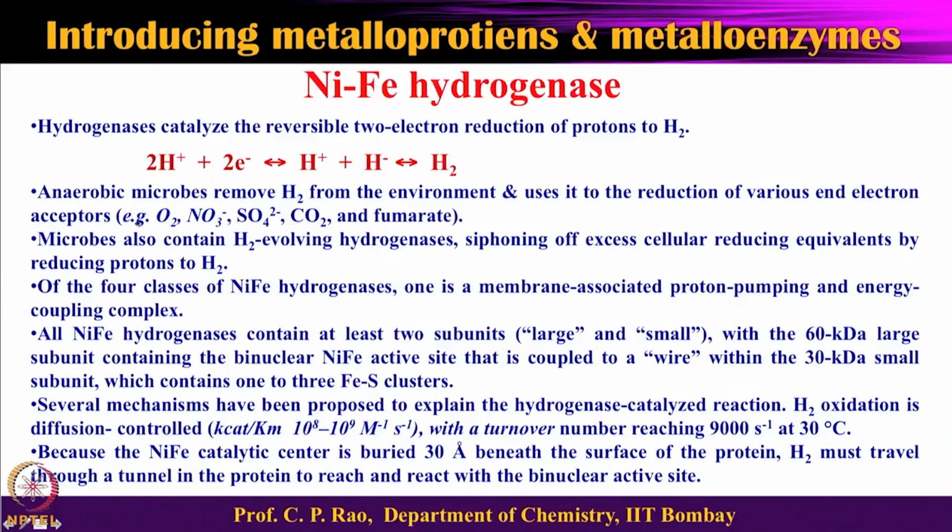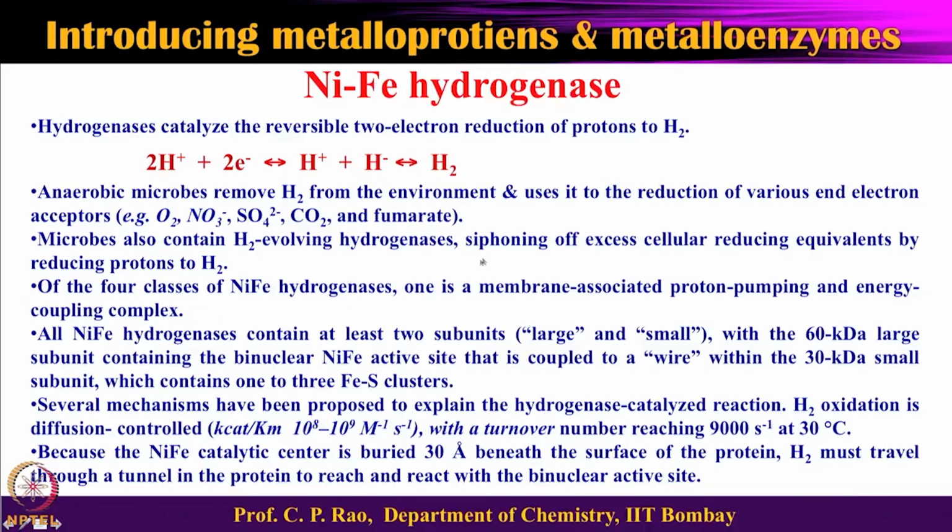In the anaerobic microbes, they continuously utilize this H2 to reduce the end acceptors like O2, NO3, SO4, CO2, etc. So, these are all reduced. The microbes also contain the H2 evolving reducing equivalents, and they are all utilized in reducing the protons. So, the protons have to be reduced to H2.